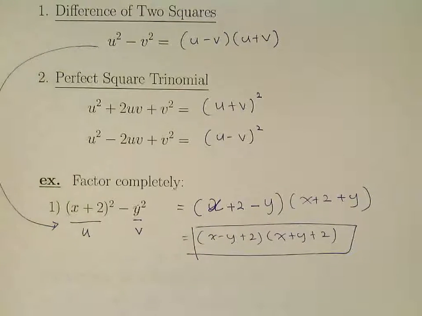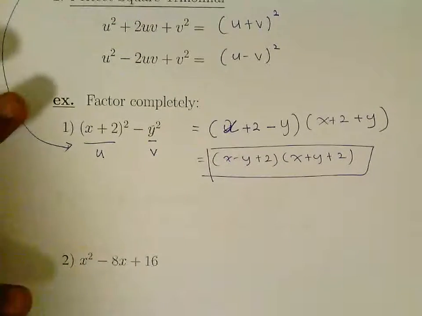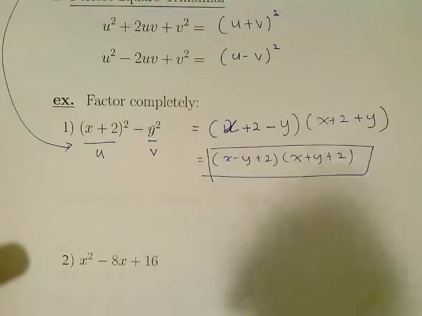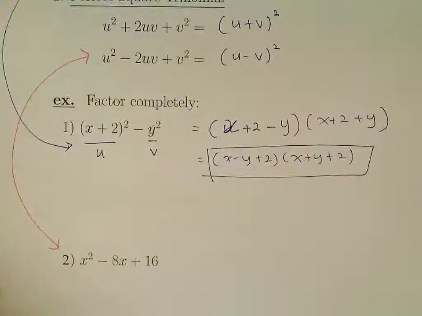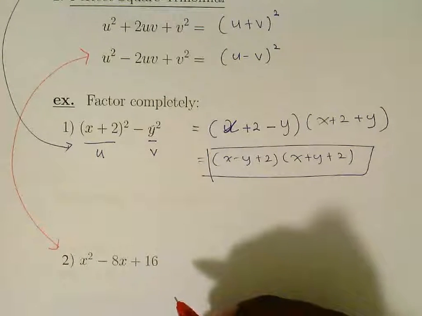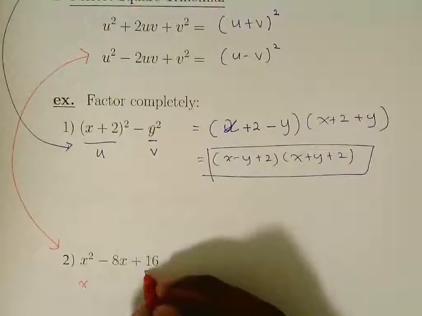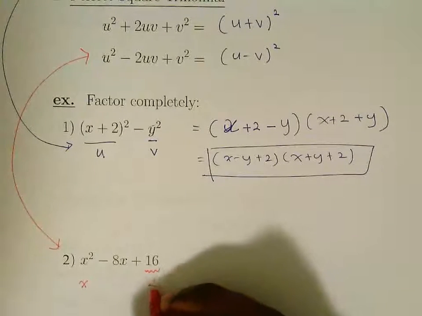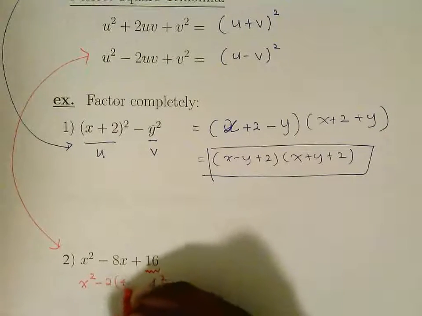Okay, and this one right here. Now it's three terms, and you can see these two are similar. And you can see that this is x squared, this is 4 squared, and this is minus 2 times 4x.